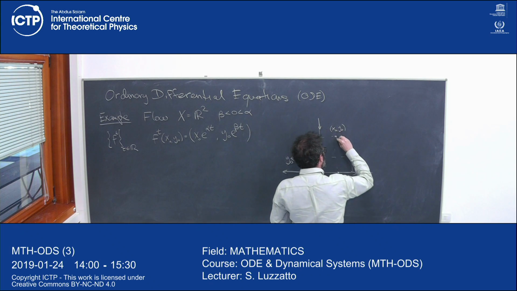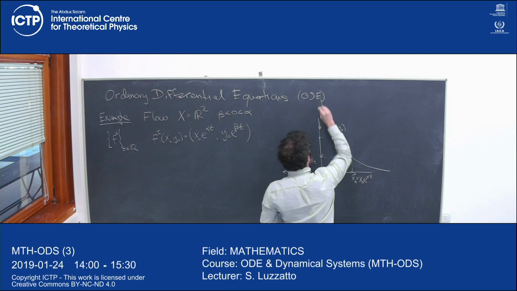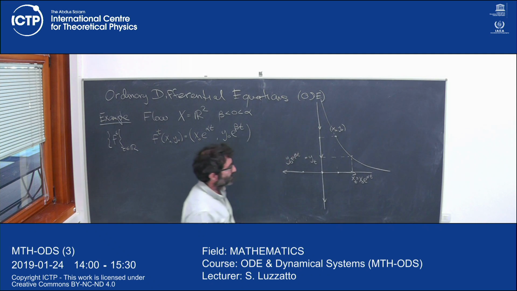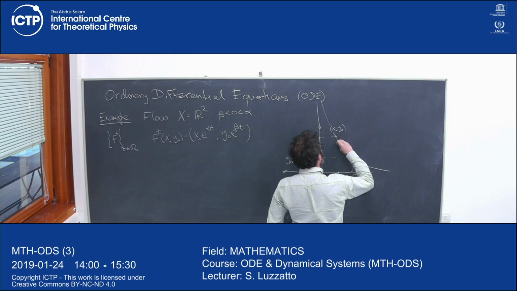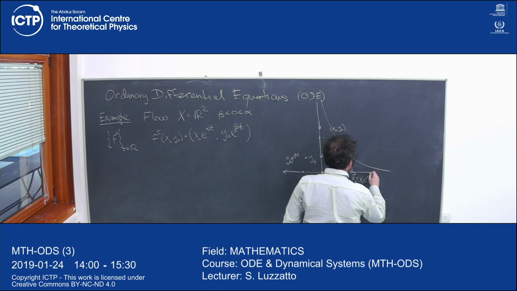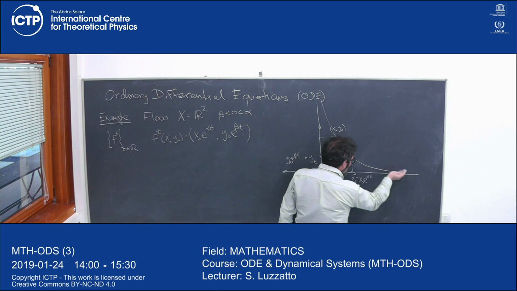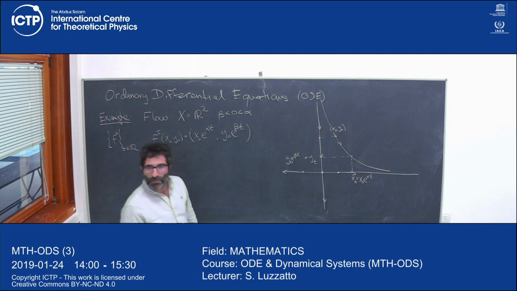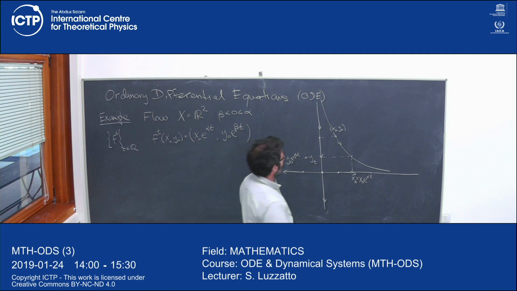And you can see that this is in fact doing something like this. And in backward time, it is going like this. Yes? So the orbit of the flow in the y-coordinate is getting closer and closer to 0, so it's going like this. Okay? And you can easily see the shape of all the other orbits, like they all look like this.